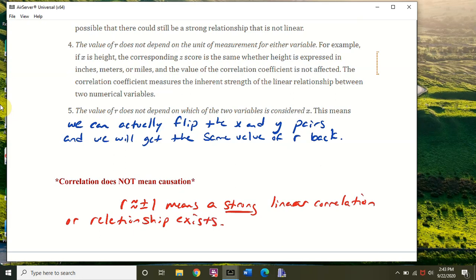But we need to be careful not to say that one thing causes the other to happen, because like with other things in this course, when we're just looking at these two variables, we're not accounting for potential confounding variables, okay? So we really can never say one thing causes something else to happen, even if there's a very strong relationship. We just say that there's a strong linear relationship between the two, okay?